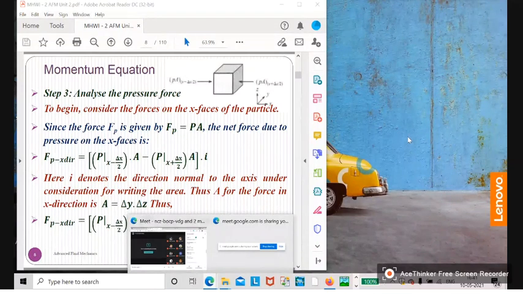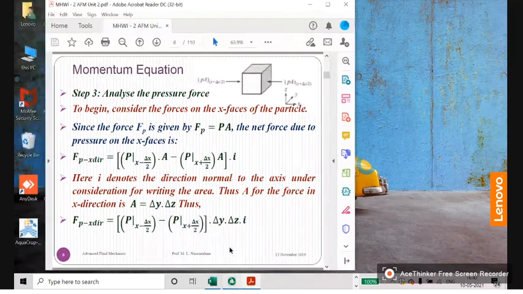See, that indicates P at x minus delta x by 2. The symbol which I have used indicates that. One minute, I will go to the PPT. That is better.